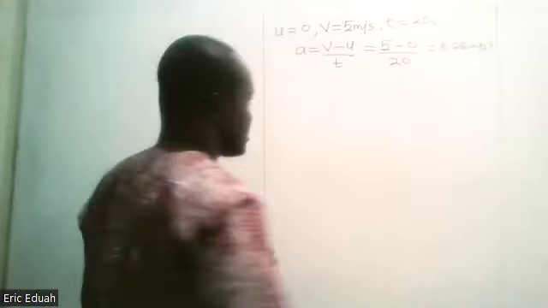The slope of a velocity time graph is equal to the acceleration. It will be 5 minus 0 over 20 minus 0, so the same value.